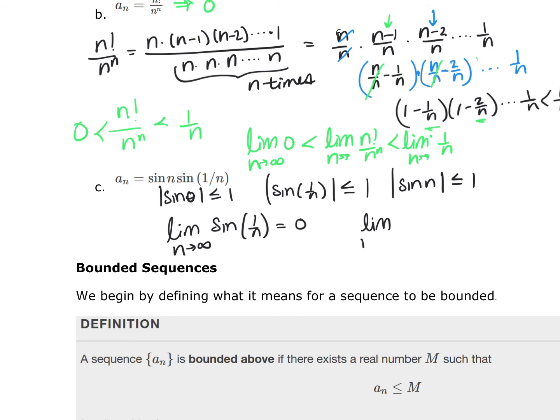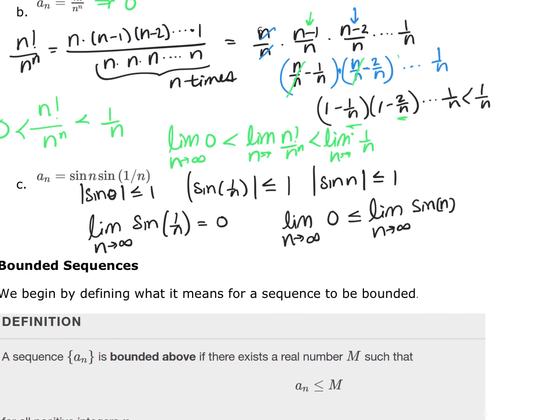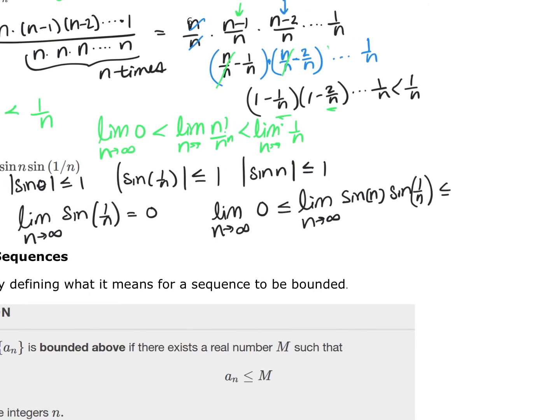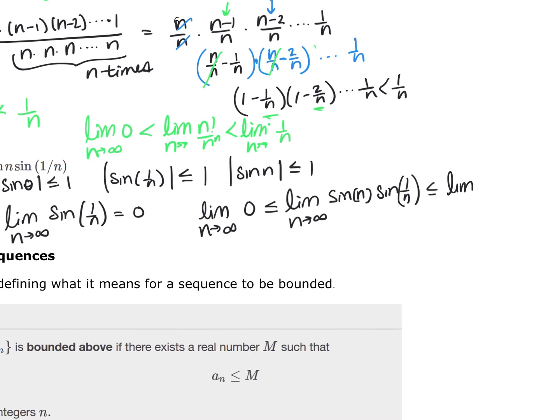The limit as n goes to infinity of, at the very minimum, is 0, which is less than or equal to the limit as n goes to infinity of the sine of n multiplied by the sine of 1 over n, which is less than or equal to the limit of the absolute value of the sine of 1 over n, because it's going to run between 1 and -1.